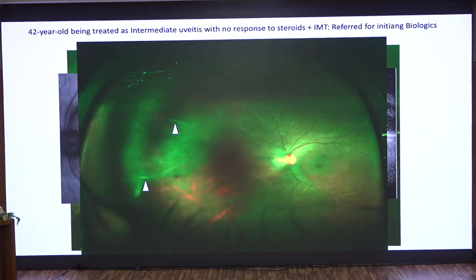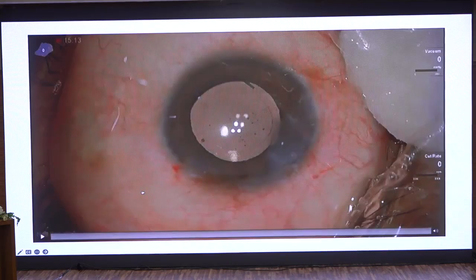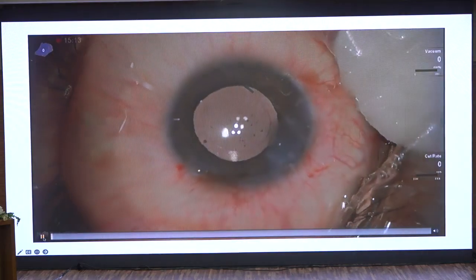So we took the history and he said, well, 2 years ago, I was driving a bike and caterpillar hair went into my eye. Few of them were removed. But following that, I continued to have decreased vision and multiple episodes.